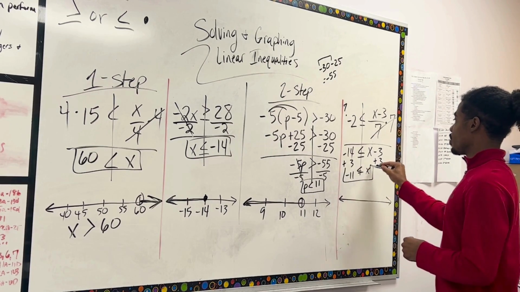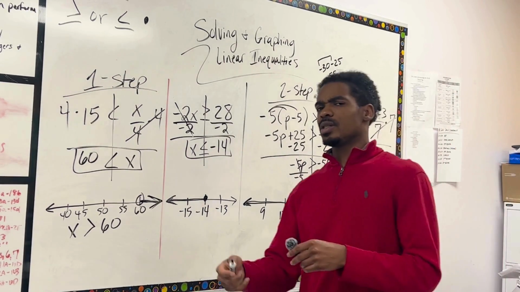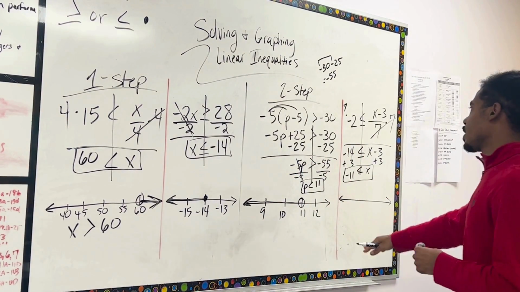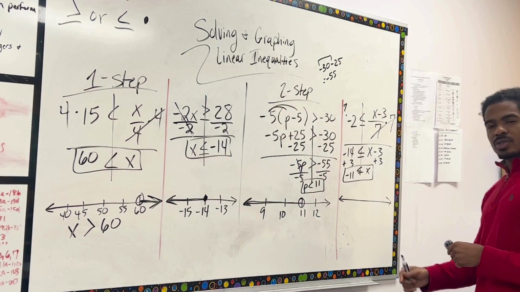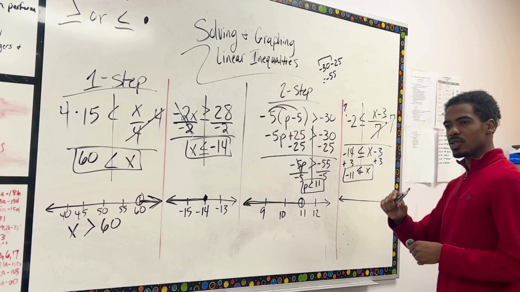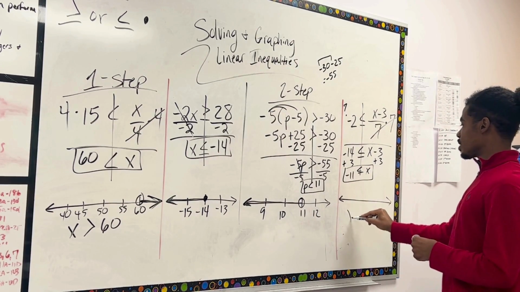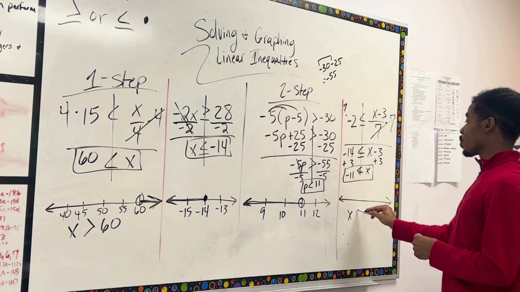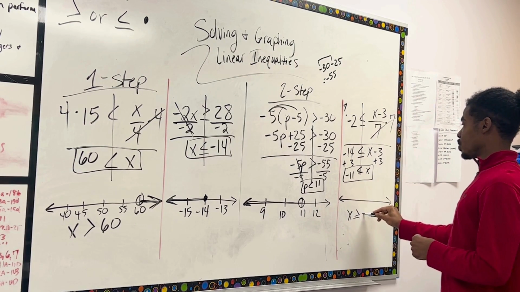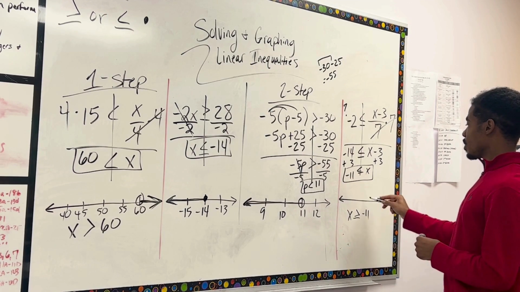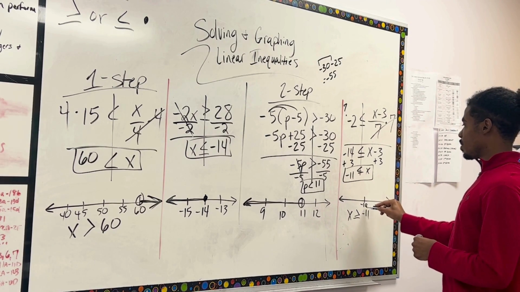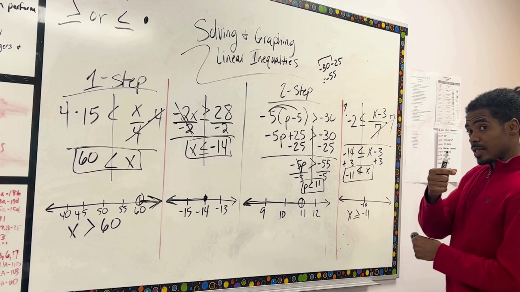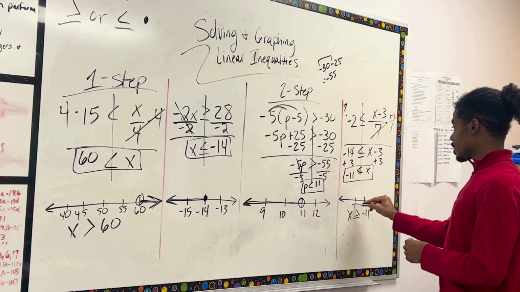Remember, especially when you're graphing on a number line, you're going to want your variable to be first. So you do the same thing, but you flip it. So if negative 11 is less than or equal to x, then x is greater than or equal to negative 11. If I put negative 10 in the middle, to the left is negative 11.